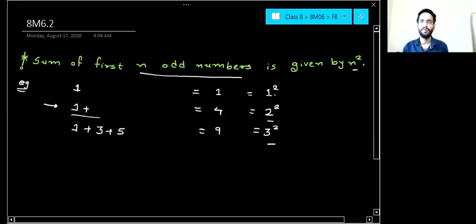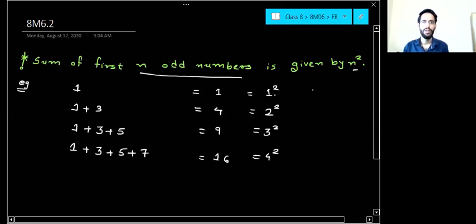If I add first 4 odd numbers, suppose they are 1, 3, 5, 7. So already we have summed this to 9, 9 plus 7, 16. It is 4 square or not?